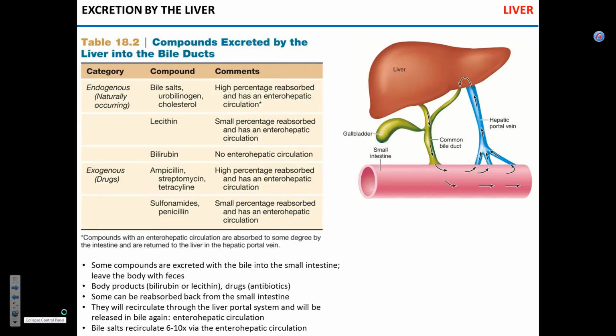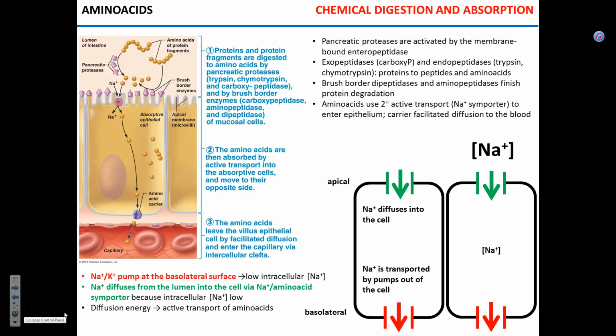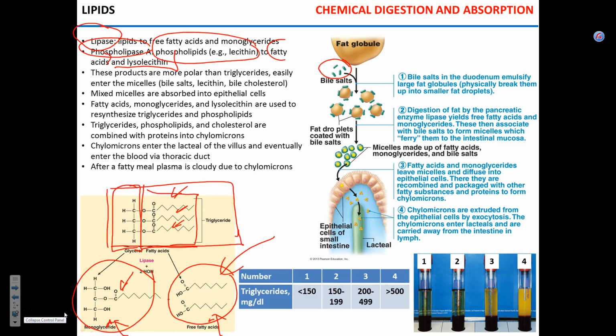Okay? Now, these micelles accommodate in the center monoglycerides, free fatty acids, and other products of the lipid digestion. Does that make sense? So products of the lipid digestion are packed into the micelles.